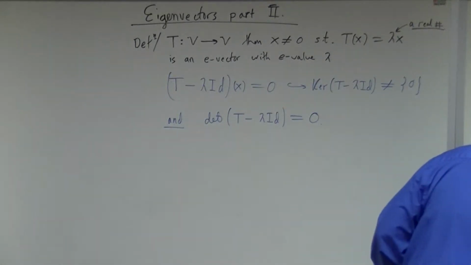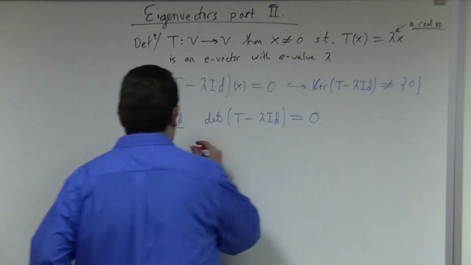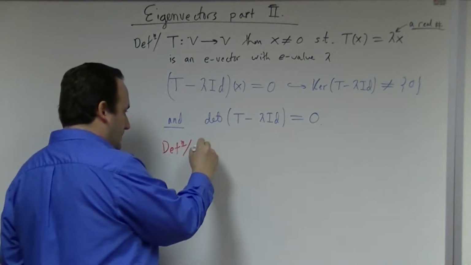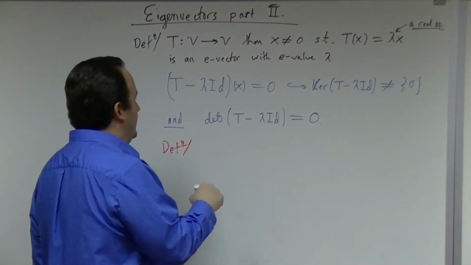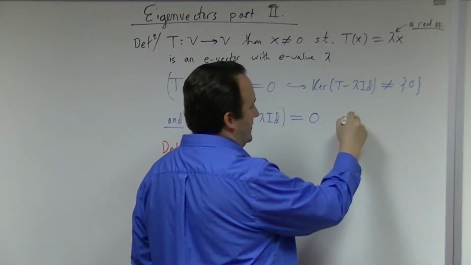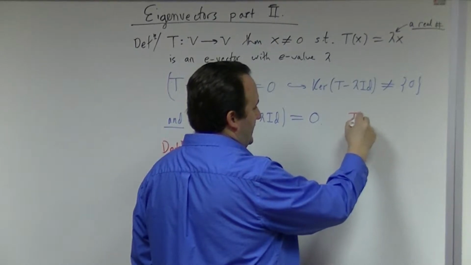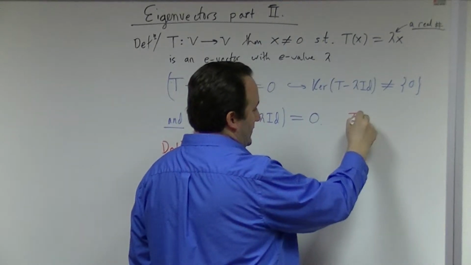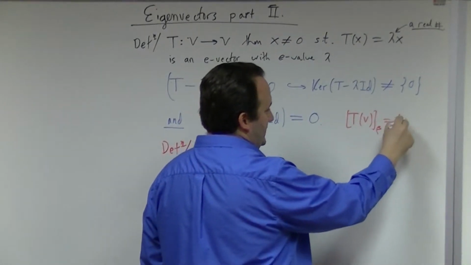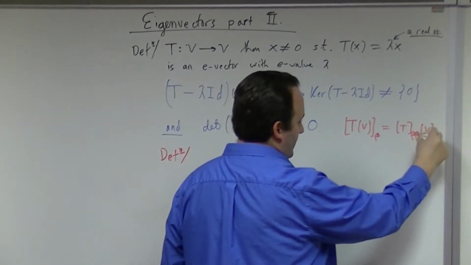And these definitions are, of course, born of the more careful discussion of last time. But here they are. Definition. By the way, we know that if I say T of v in the beta coordinate system, that's equal to T beta beta acting on v beta, right?